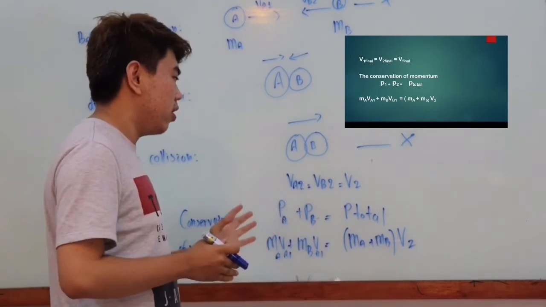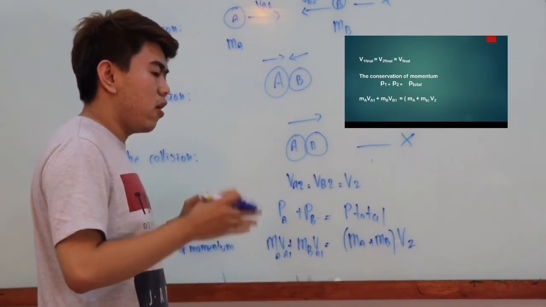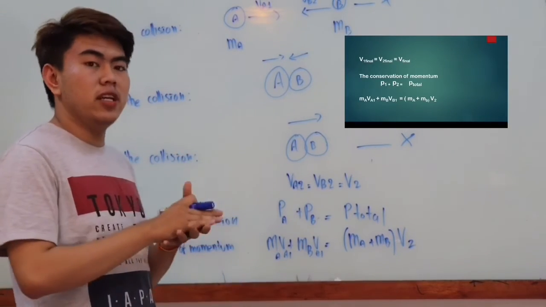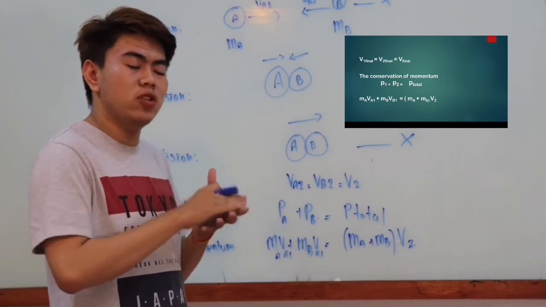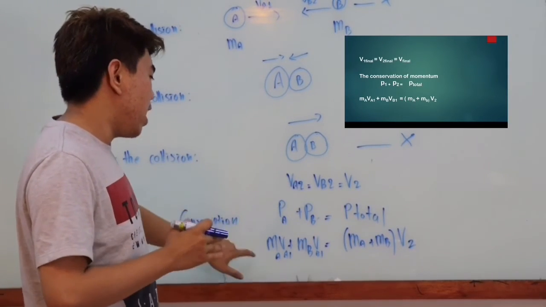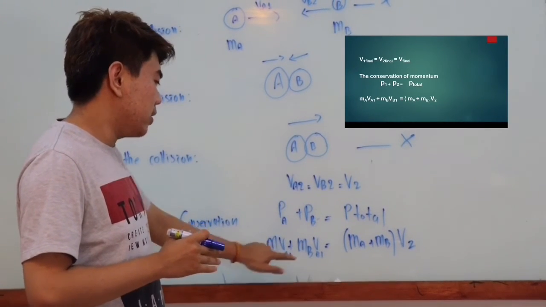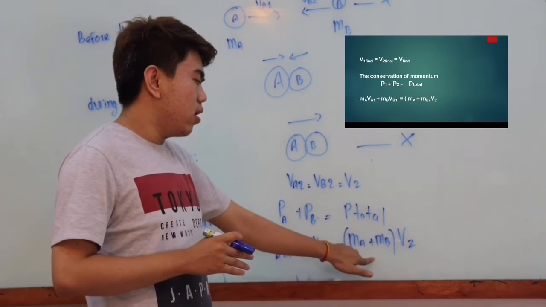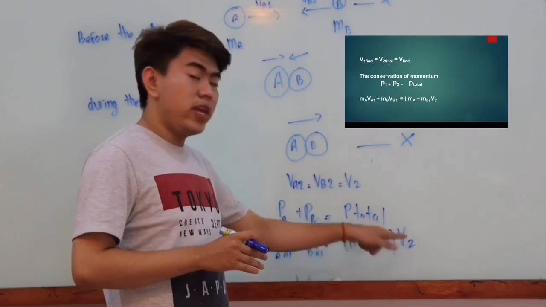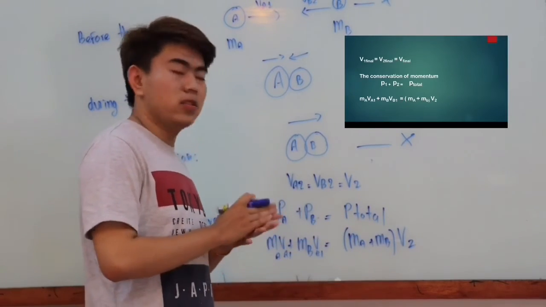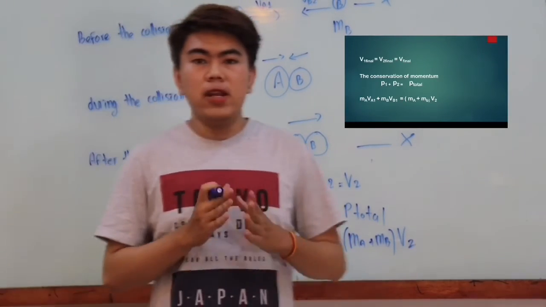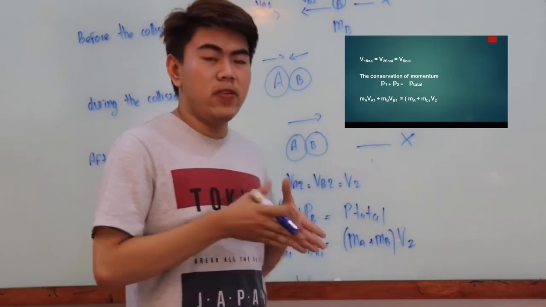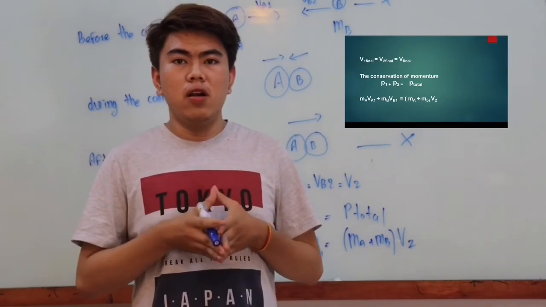P total is the total momentum of both objects after their combination, after they stick to each other. So we have mA vA1 plus mB vB1 equal to mA plus mB times v final. So right now it is the end of completely inelastic collision.